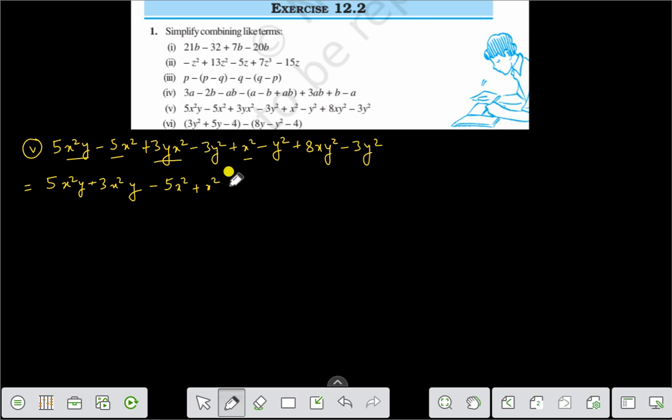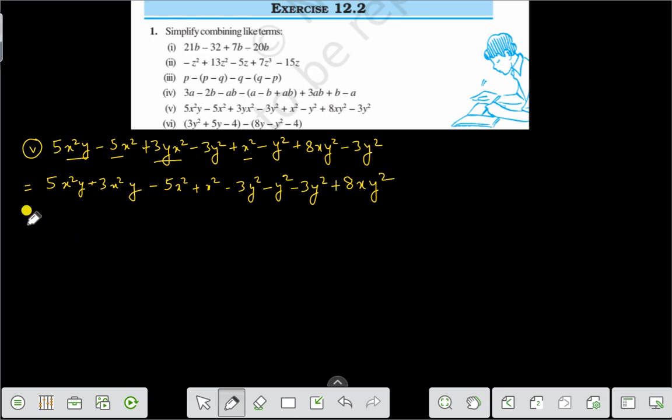Right? Now minus 3y square, minus y square, minus 3y square, plus 8xy square, plus 8xy square, plus 8xy square, plus 8xy square.